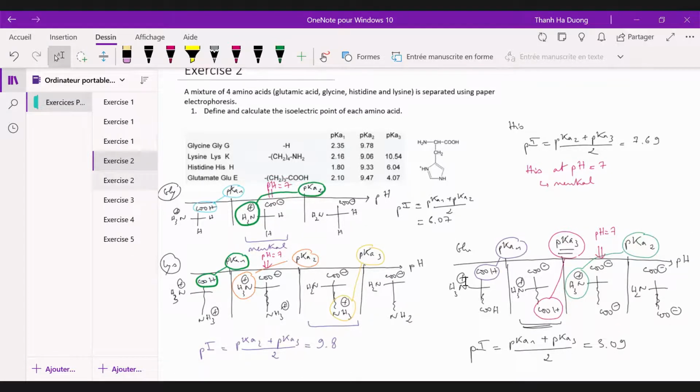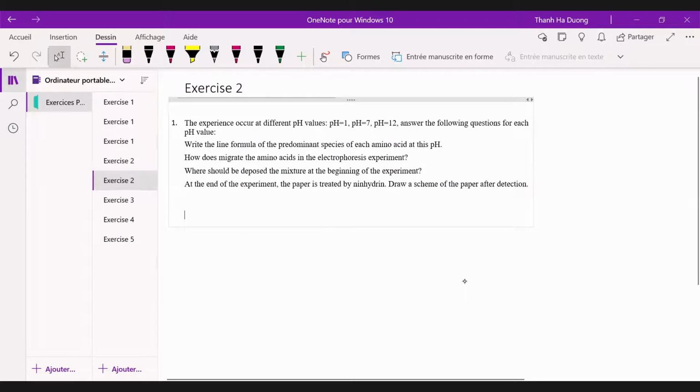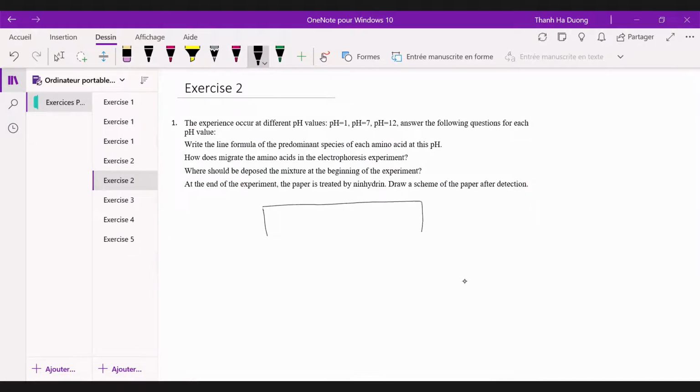So it means that if I draw the paper with the electrode here and here, I remind you, histidine and glycine are neutral.